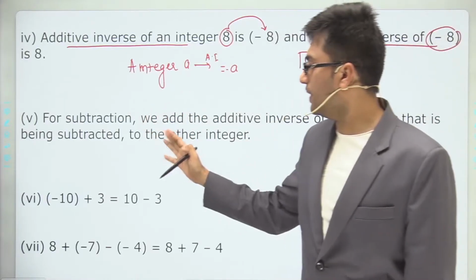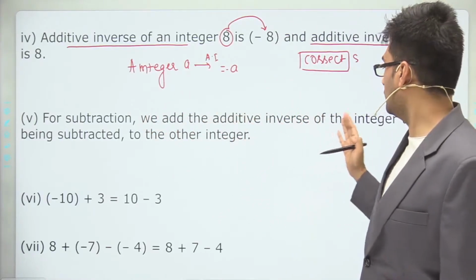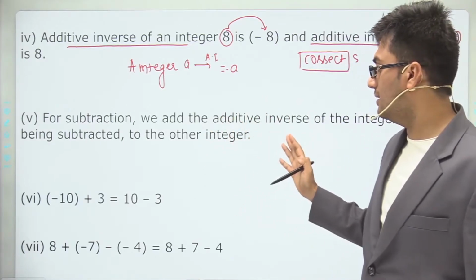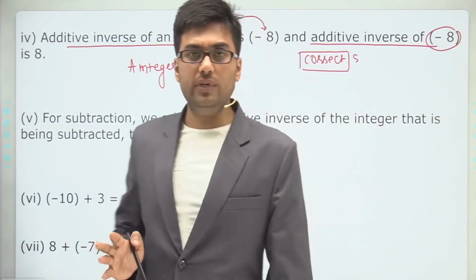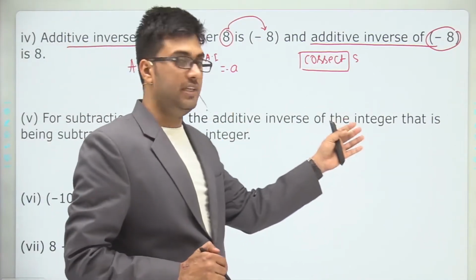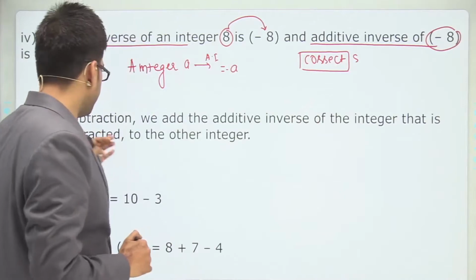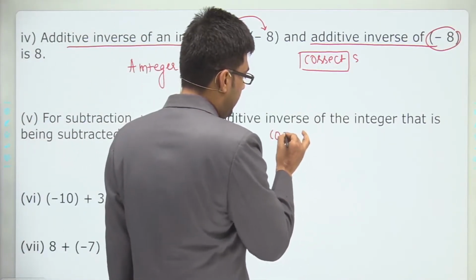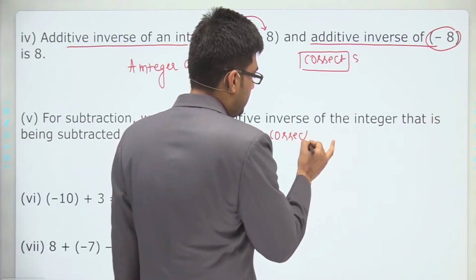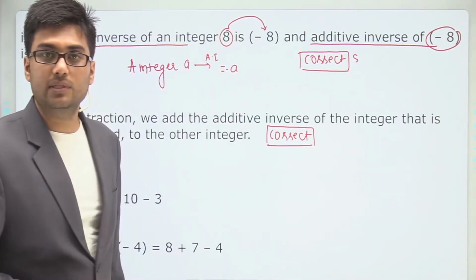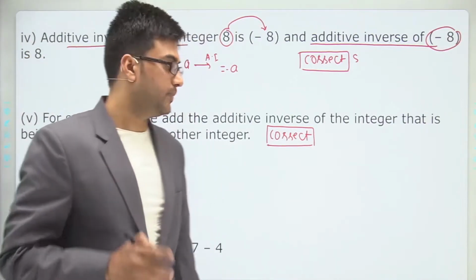Now, for subtraction, we add the additive inverse of the integer that is being subtracted to the other integer. This is also a correct statement, and we already discussed it when we studied the subtraction of integers in the previous class.